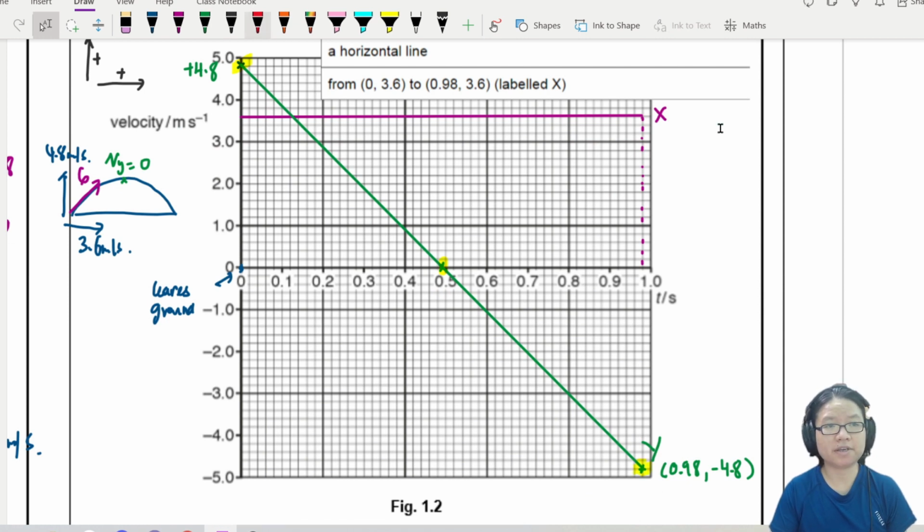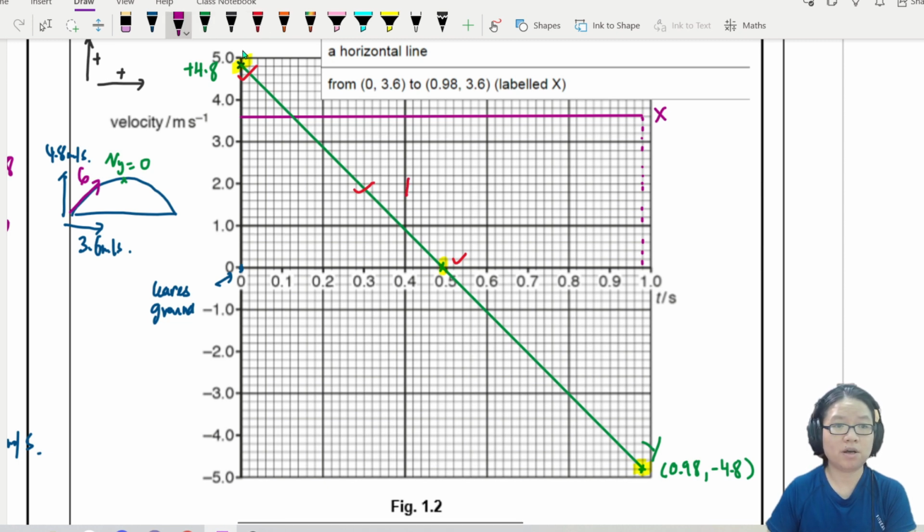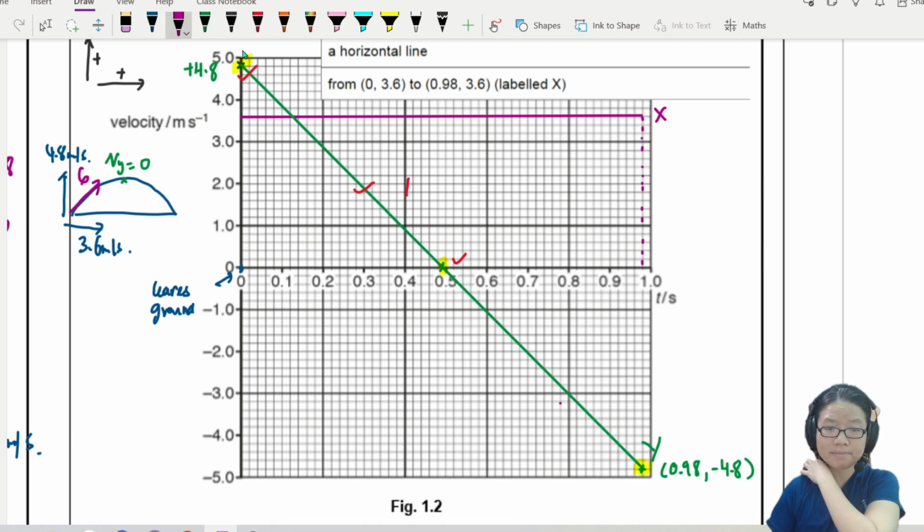So basically, if I see a straight line from 0, 4.8 to 0.49, you will get 1 mark. So this and this with the line is 1 mark. Followed by the same line continuing to this point is another mark.